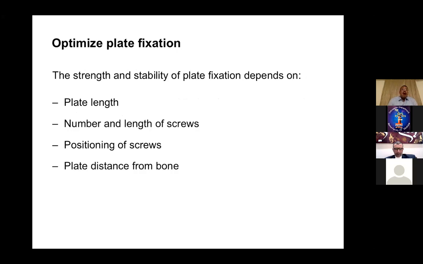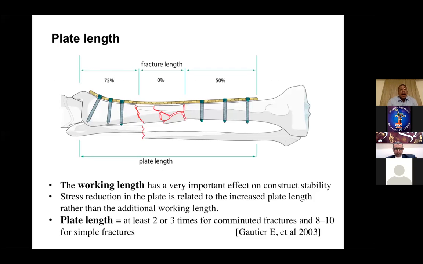How can we optimize our plate fixation? We have some factors that we should consider when we practice the art of plate fixation. The plate length, the number and length of screws, the positioning of screws, and the plate distance from the bone. We are talking now about the locked plates, okay? How to optimize the locked plate fixation. We use these plates as a bridging tool to splint the fracture.